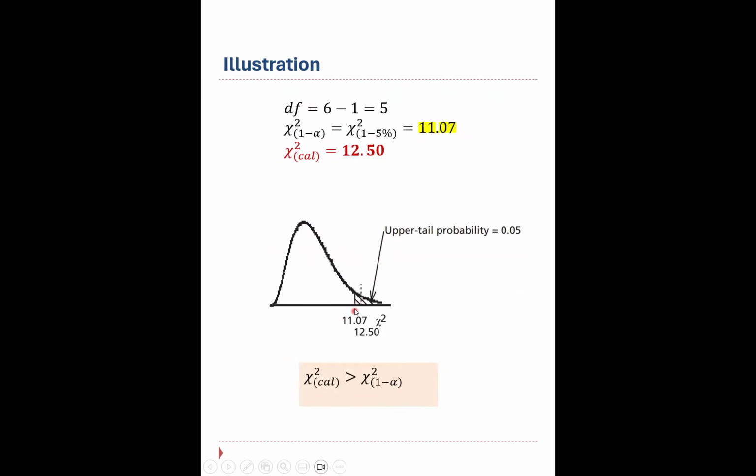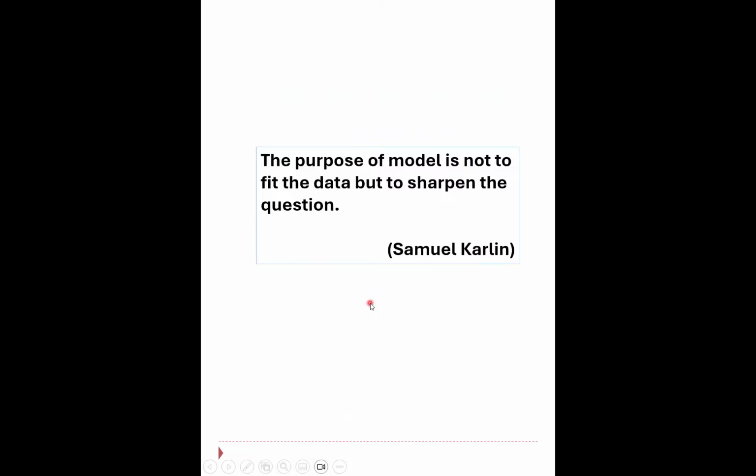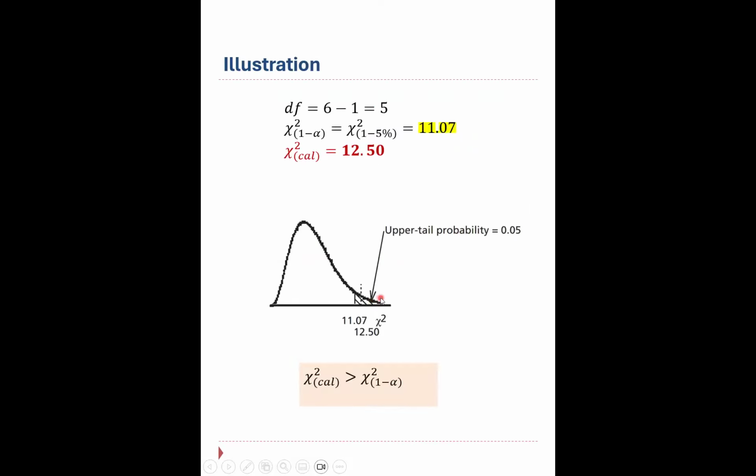So 11.70 over here, and chi-square calculated is 12.50. So this time the value from calculation falls in the significance region, in the upper tail region. Therefore, we cannot accept the null hypothesis.